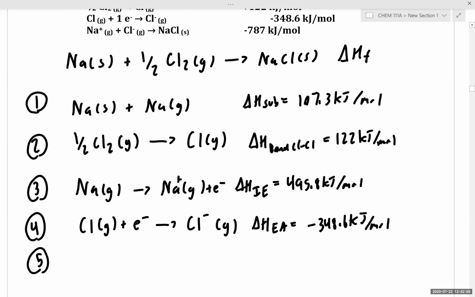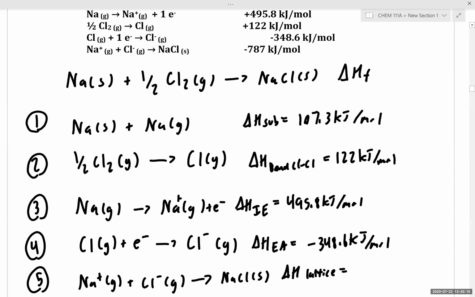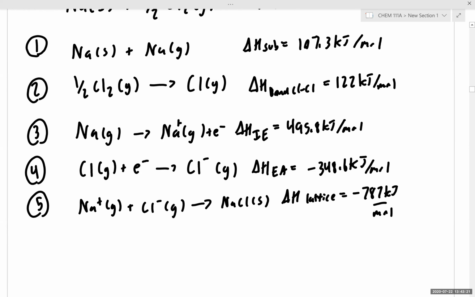Finally, in our last step, we're going to take each of our gaseous ions and combine them together to generate our solid ionic compound. This is the lattice enthalpy, and the lattice enthalpy in this case is negative 787 kilojoules per mole.